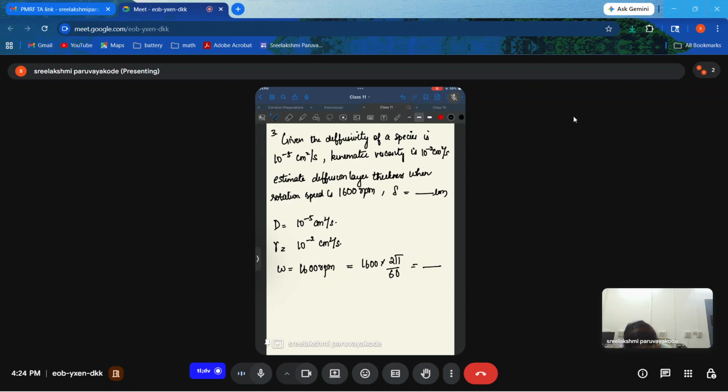So I'm getting 167.47 as the radian per second. Now substitute everything in the delta equation: 1.61 D to the power 1 by 3, omega to the power minus 1 by 2, and gamma to the power 1 by 6.